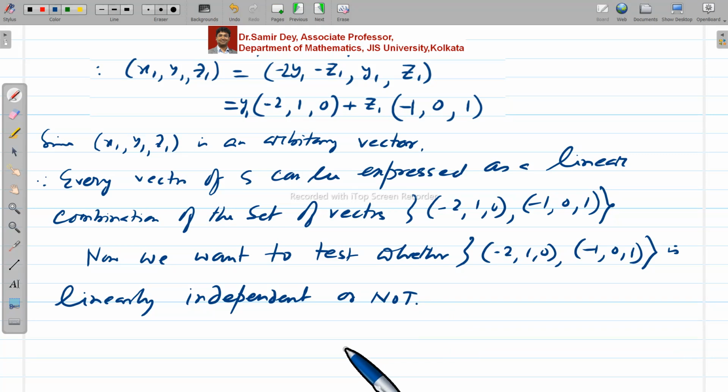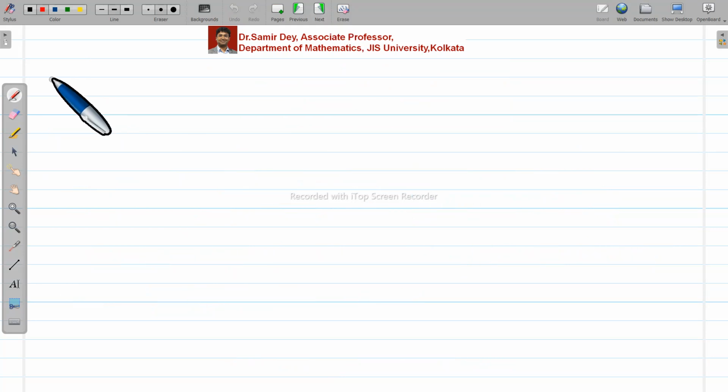Okay, so already you know how to prove linear independence. That is very simple. C1 alpha 1 plus C2 alpha 2 plus dot dot Cn alpha n should be equal to null, where null is theta, and C1, C2 all are constants. If you can prove that this line is valid only when C1, C2 all are constant 0, then only you can say the set of vectors is linearly independent. Okay, so now we want to test it. Clear? Okay, please write down.